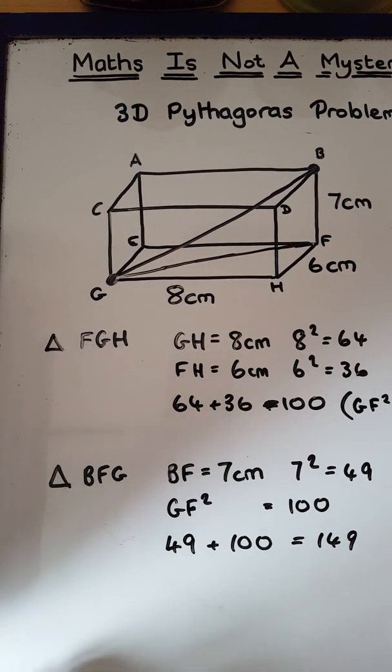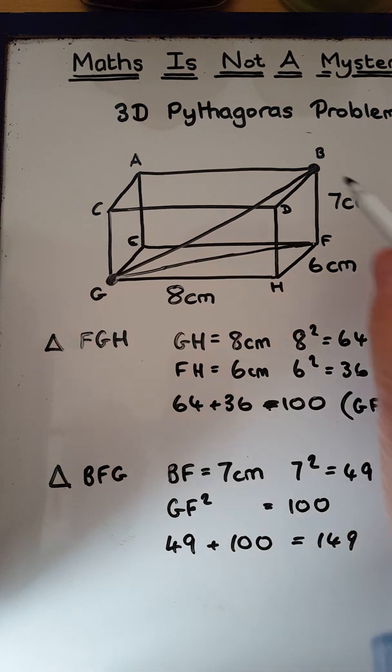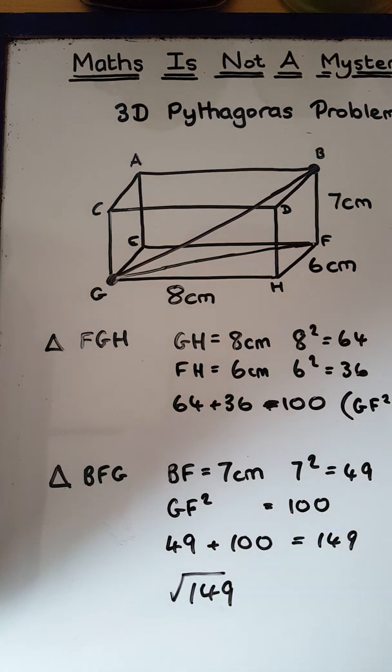Okay. To find the actual line that we want, because this is now our magical hypotenuse, isn't it? So to find the thing that we want, we need to find the square root of 149. That's going to be 12 point something, isn't it? Because 12 12s are 144.